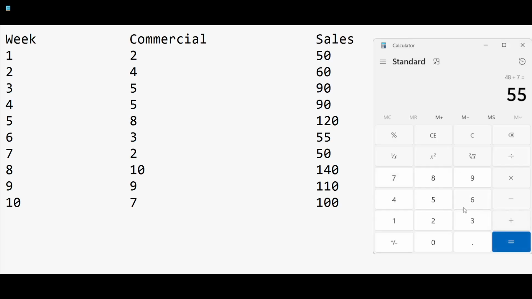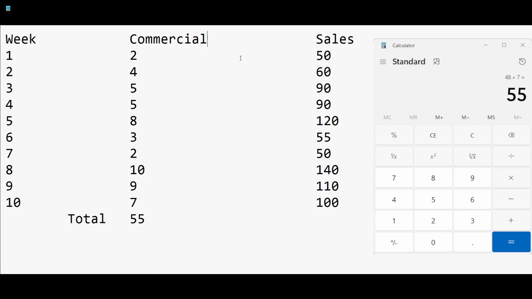So that is equal to 55. You can now type that here below. This is 55. That's the total.